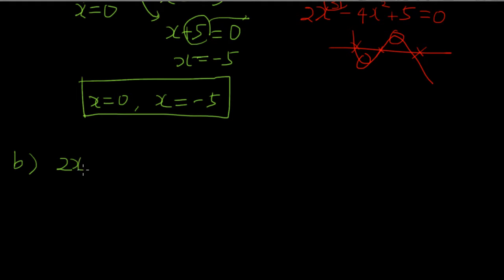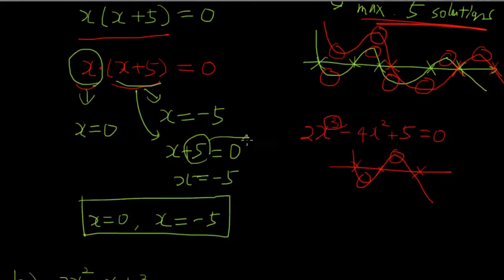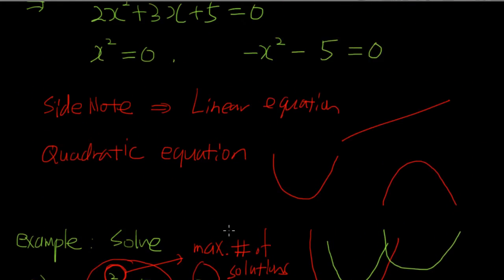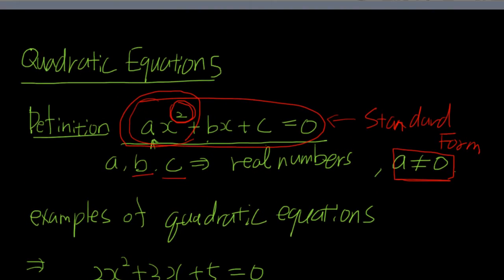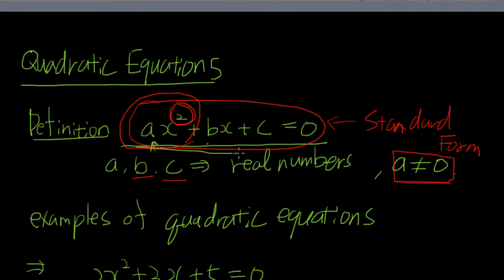So, those factoring questions can look like this. Let's say the second example, 2x squared equals x plus 3. This is not the easiest form because it's not in standard form. All right, let's take the standard form again. What was the standard form? Standard form was this form, right?